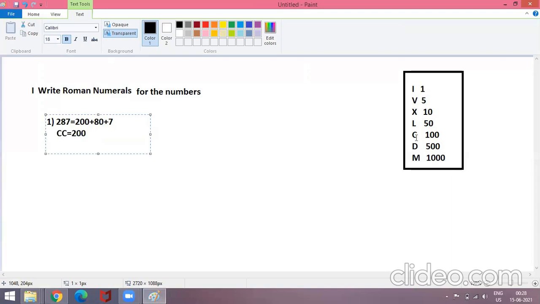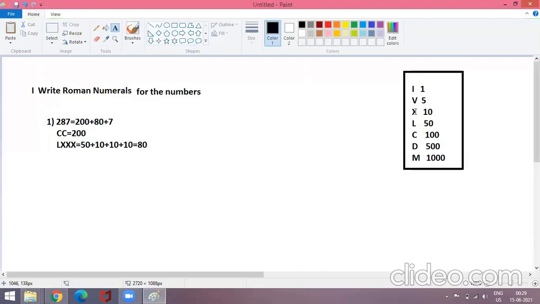So what about 80? For 80, the value of L is 50. Since any symbol can be repeated, X can be repeated thrice, we can add X thrice. It's equal to 50 plus 10 plus 10 plus 10, which is equal to 80.